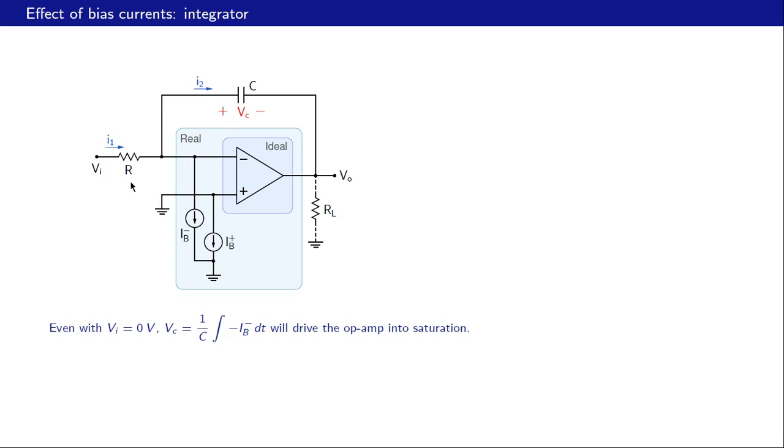Now this resistor has got this node at 0, this node also at 0. So therefore I1 would be 0. And I2 then would be equal to minus IB minus. In other words, a constant current will now flow through the capacitor, and that will drive the op amp into saturation. That is a situation we definitely don't want.